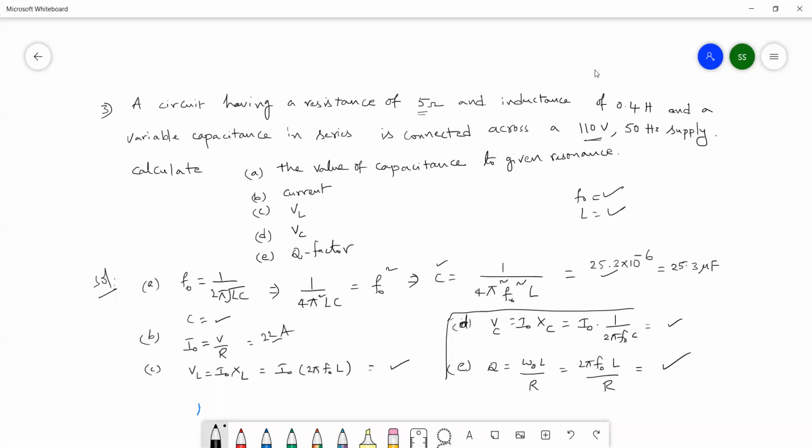What about the VL value? Sir, VL value 1398.88. No. Your I naught is 22, into 2 pi into 50, into your L value, how much? 0.4.